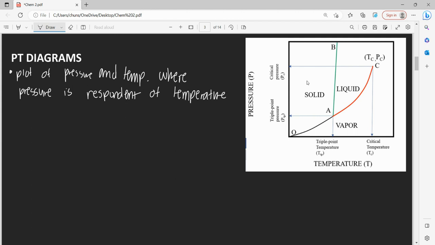So this is like saying in our x-axis we have our temperature and we have pressure in our y-axis.